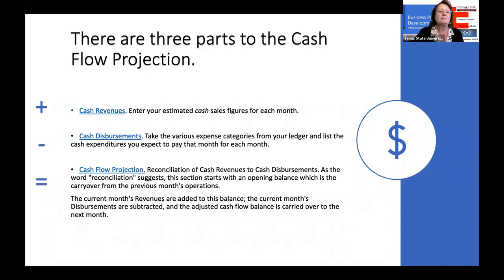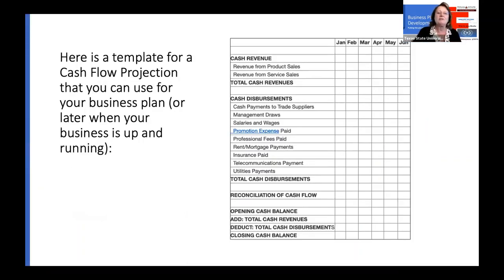So then we have our disbursements, and then we have our cash flow projections, when we're trying to look at where it's going to go in the future based on what we've been at in the past. Here's an example of a cash flow projection statement. The statement for projection and the statement for a statement look the same.